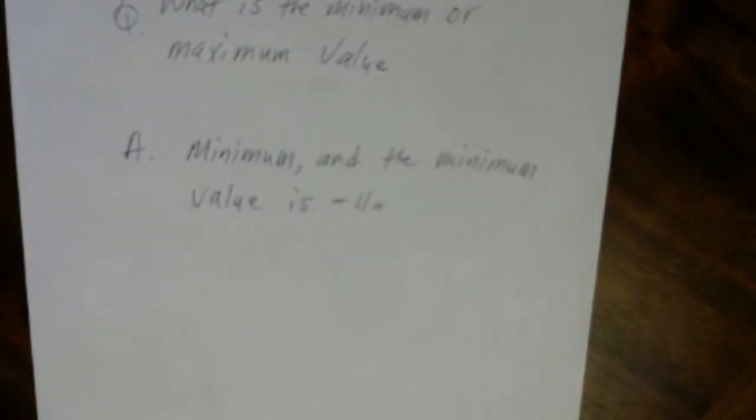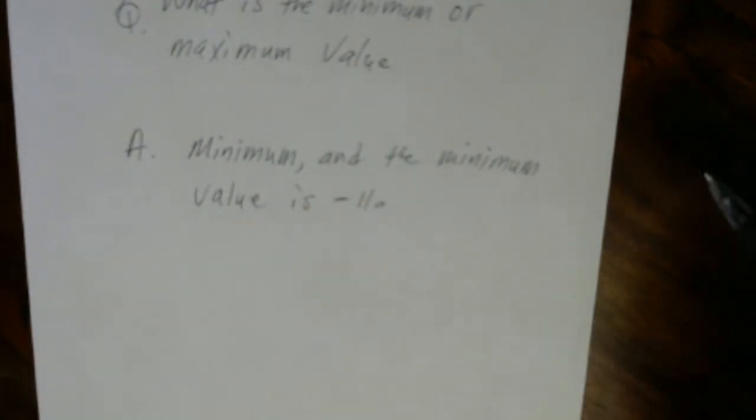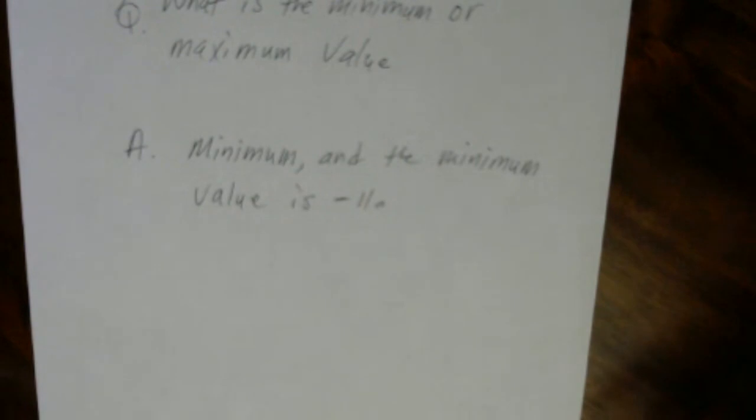Now, even though it says minimum, your minimum value can be positive, right? Your minimum or your maximum value is whatever the k-coordinate of your vertex is. Right. So any questions about the vertex form?